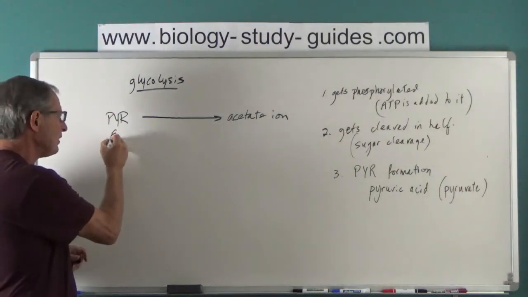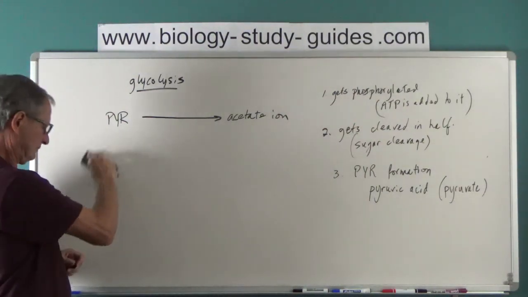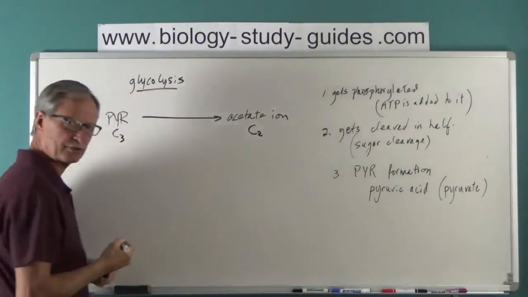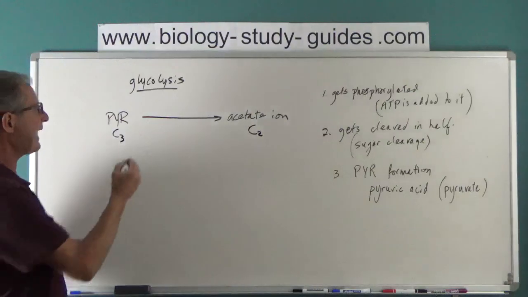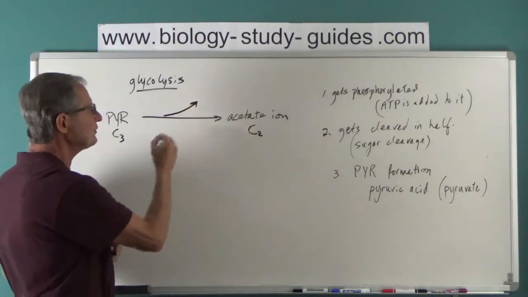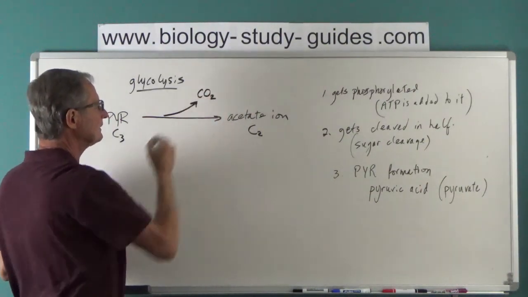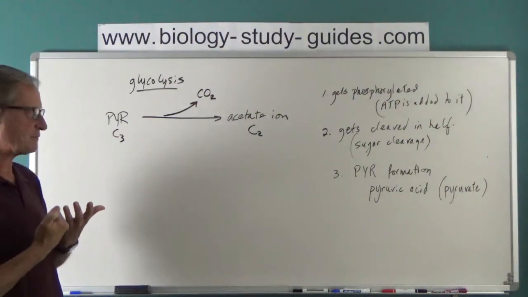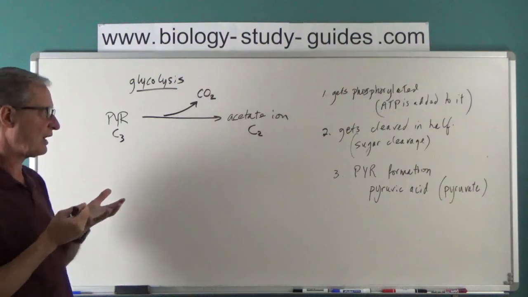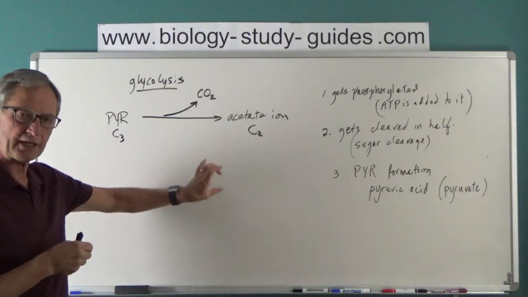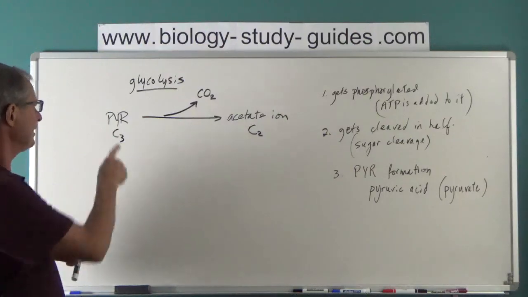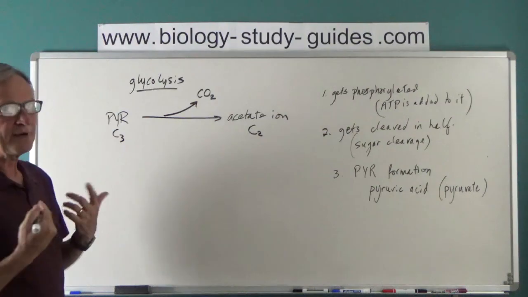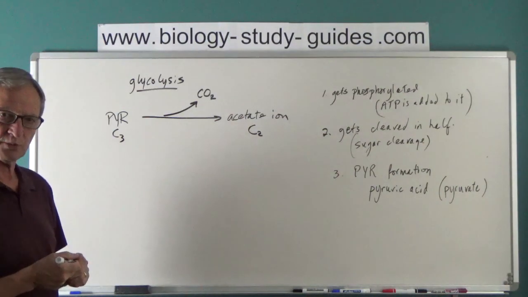This is a 3-carbon molecule. Acetate ions are only 2-carbon molecules, or ions. What happens to do that is carbon dioxide is generated. And you know that in your cellular respiration, you're generating carbon dioxide. That was one of the products, carbon dioxide and water are given off, that sort of thing. So that still balances the number of carbons. What I said is that if oxygen is available, that's what happens.